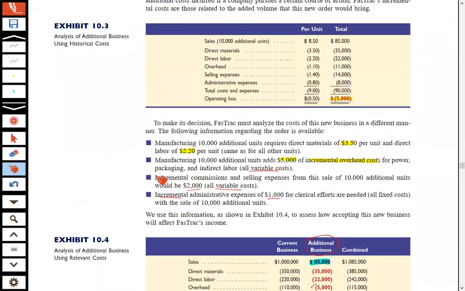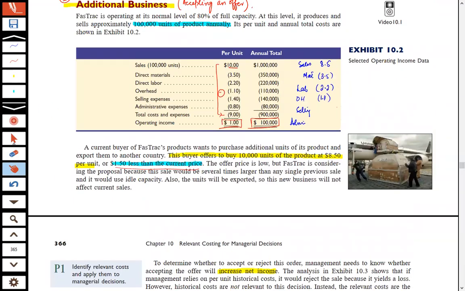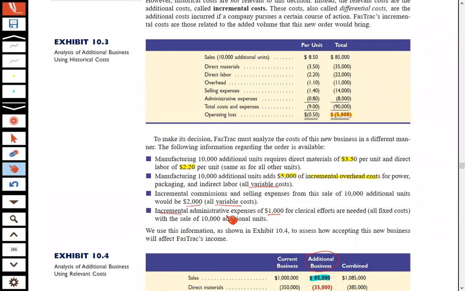What is being said here? Is it administrative? Okay, sorry. Administrative expenses are fixed, so they will not be in the CM calculation.